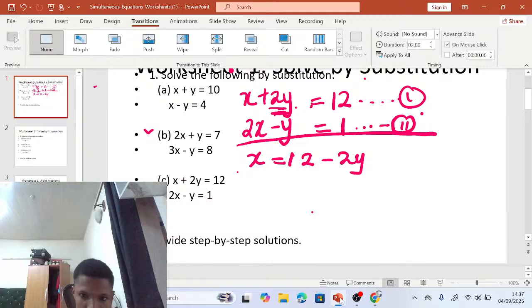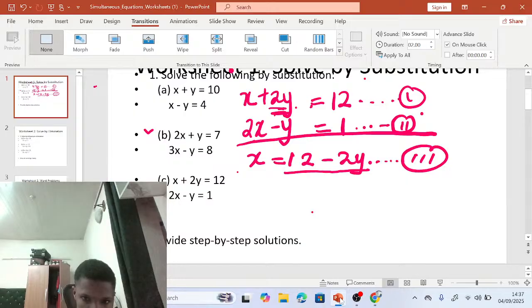So this can now be seen as equation 3. Then the next one we have is to put this value of x in either equation 1 or equation 2. So I'm going to substitute it in equation 2.